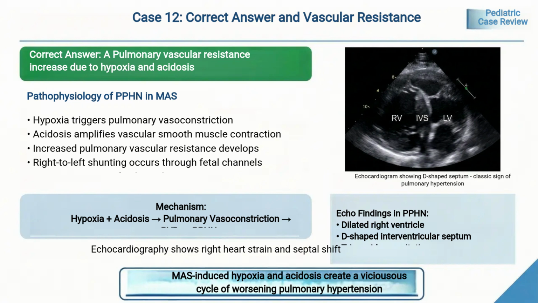The mechanism is hypoxia plus acidosis lead to pulmonary vasoconstriction, which leads to increased pulmonary vascular resistance, which leads to persistent pulmonary hypertension. Echocardiographic findings in this condition include a dilated right ventricle, a D-shaped interventricular septum, tricuspid regurgitation, and right-to-left shunting. Most importantly, Meconium-induced hypoxia and acidosis create a vicious cycle of worsening pulmonary hypertension that must be broken.